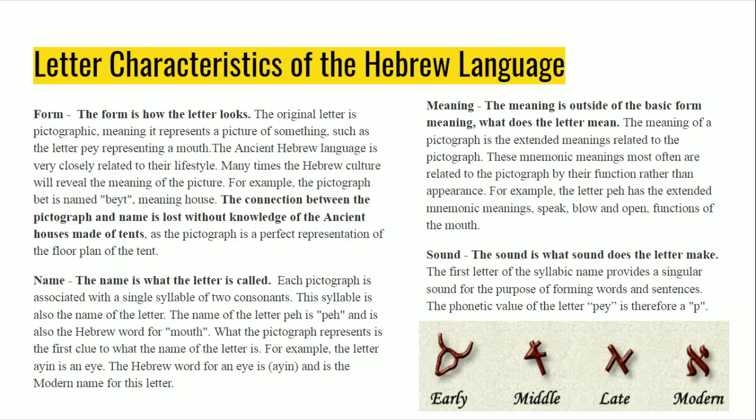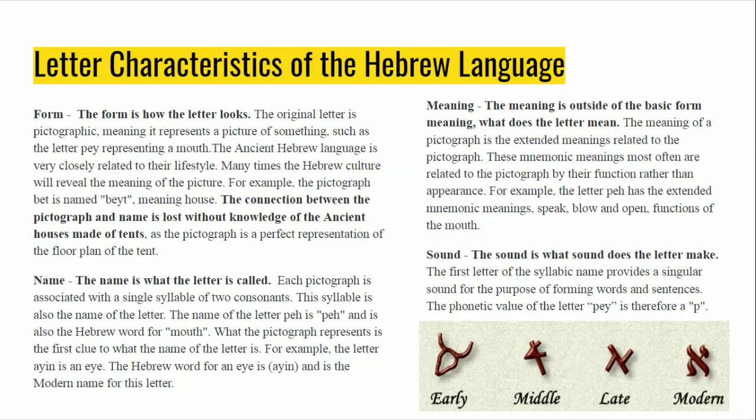But beyond it just meaning mouth, what else does it mean? It means the functions of the mouth. So it could also mean to speak. What do you do with your mouth? You speak, you blow, you open your mouth. So it's different functions of the mouth. That's also the meaning of the word. Not just mouth. It means mouth, sure. But what are the other meanings associated with that?